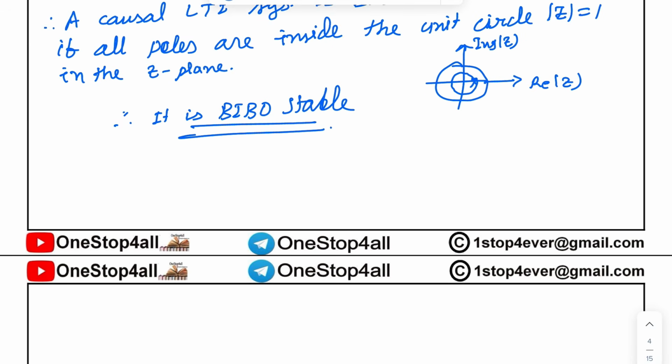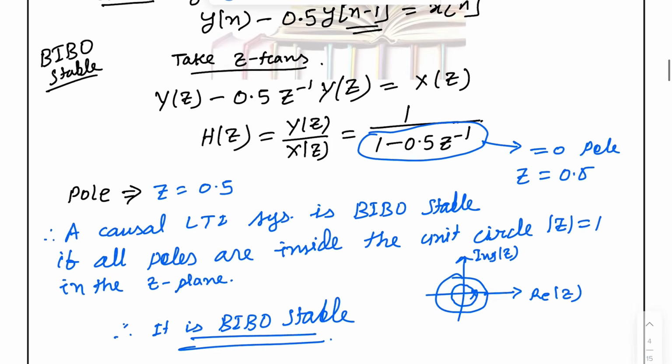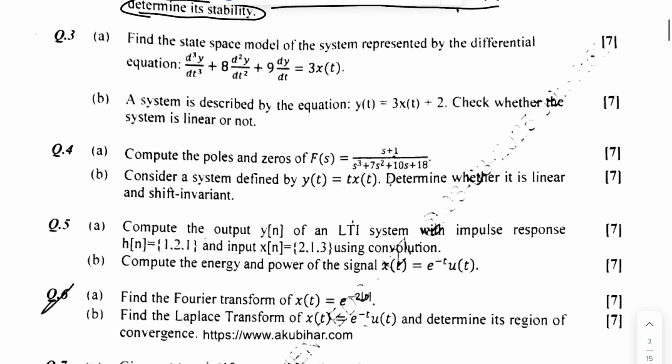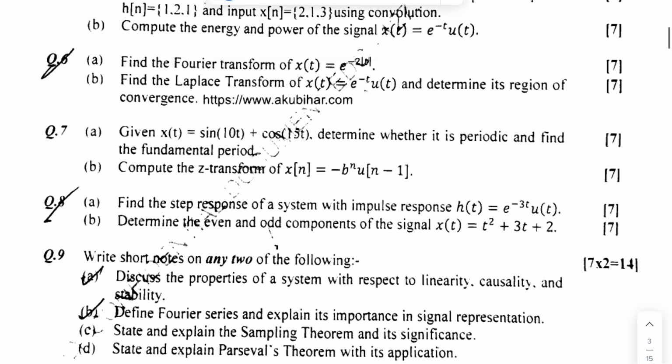Now, we will move to question number 3A. We will see question number third. Okay. There we need to design the state space model of the given differential equation. We need to make the state space model, means we need to find the state space equations. Okay.